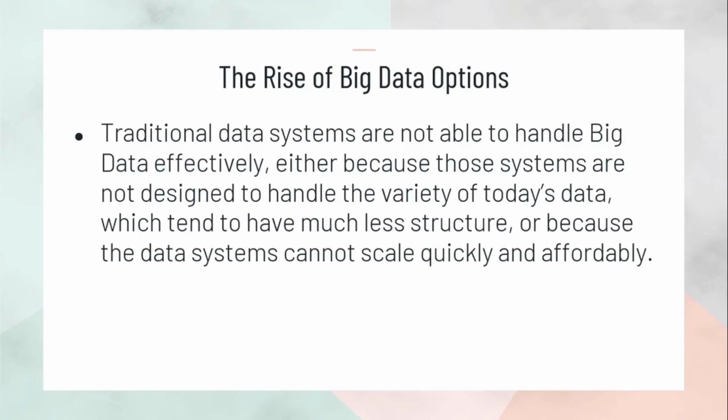Traditional data systems are not able to handle big data effectively, either because those systems are not designed to handle the variety of today's data, which tend to have much less structure, or because the data systems cannot scale quickly and affordably. Big data analytics works very differently from traditional business intelligence, which normally relies on a clean subset of user data placed in a data warehouse to be queried in a limited number of predetermined ways.